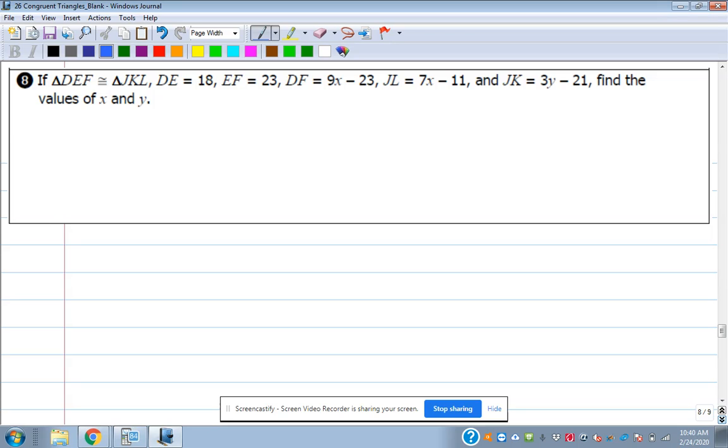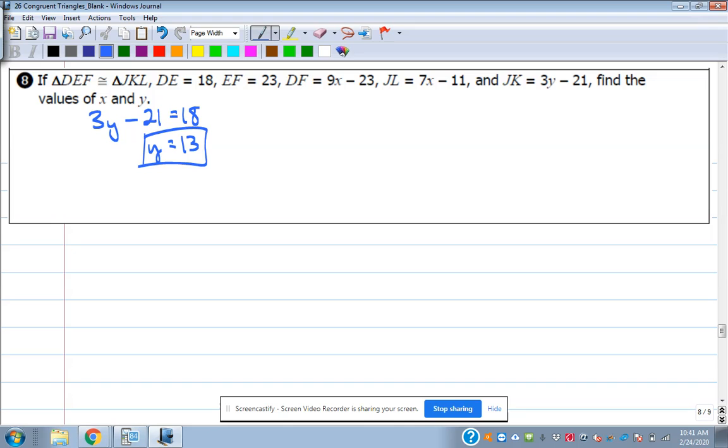JK. From the congruency statement, I got DE and JK coming together. So I'm going to set 3y minus 21 equals 18, because those are corresponding parts of congruent triangles. So they got to be equal to each other. Solve that. 13.